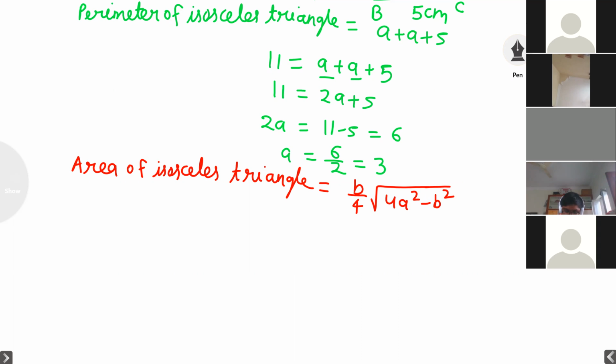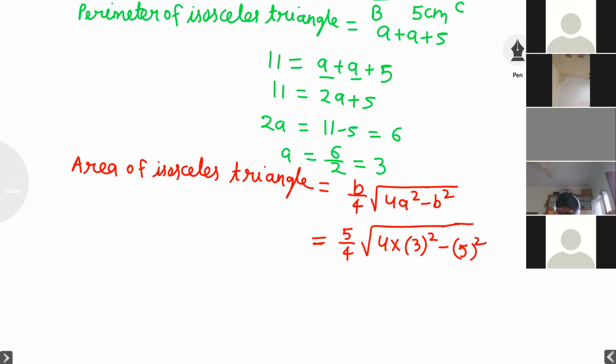I want to substitute the value. Base he has already given, 5. 5 by 4 square root of 4 into the value of a, I got it 3, 3 square, minus the value of b, which is 5 square.